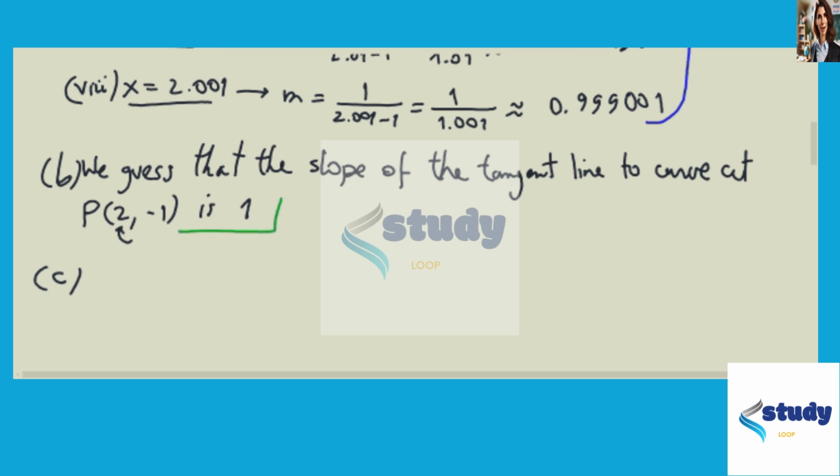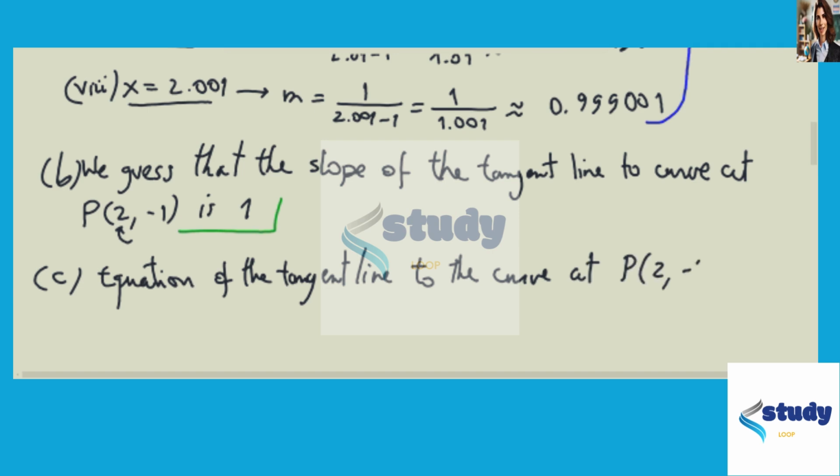And in part C, we know then that this tangent line has an equation of the tangent line to the curve at P(2, -1) given by y minus negative 1, using the coordinates of the point, equal to the slope calculated by using the slopes of the secant lines when x is approaching the value 2, 1 times x minus 2.